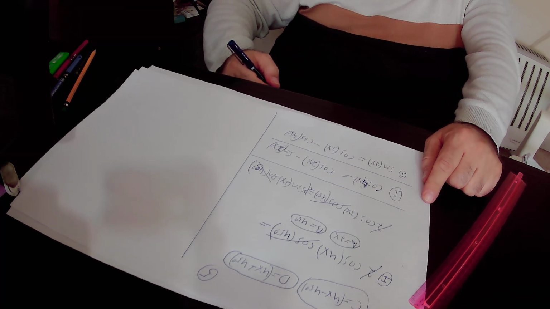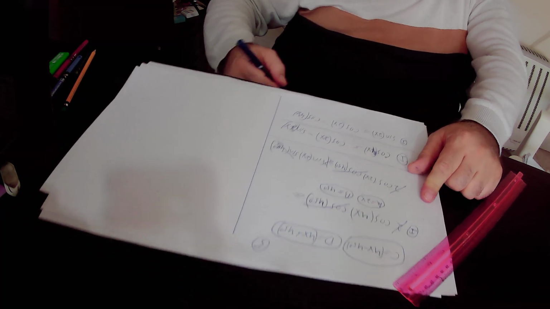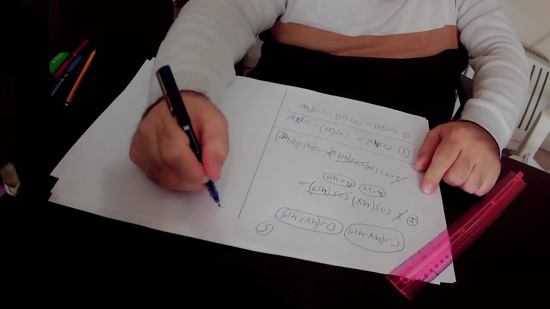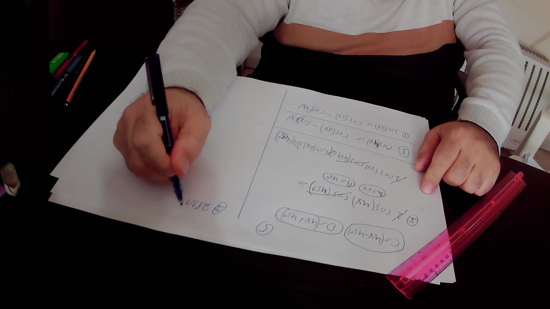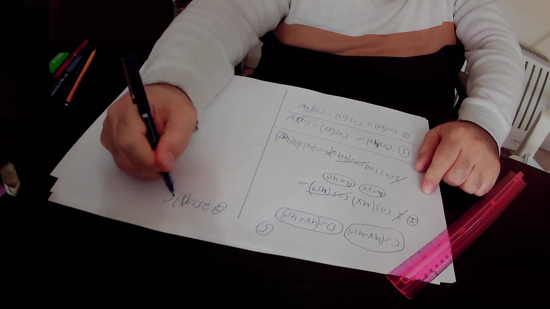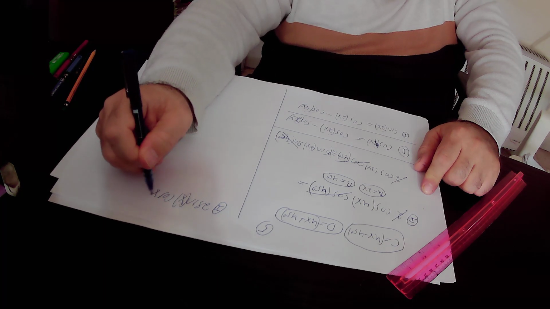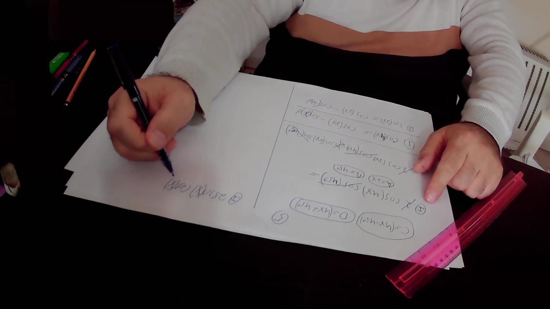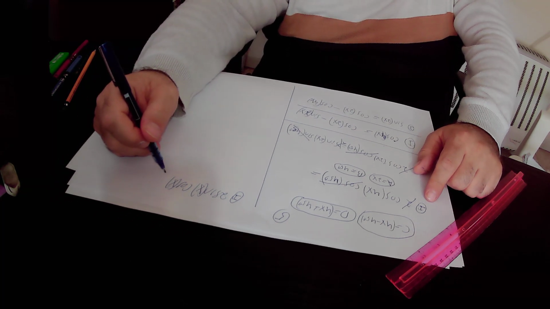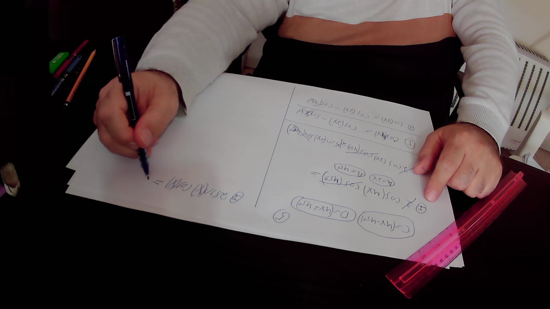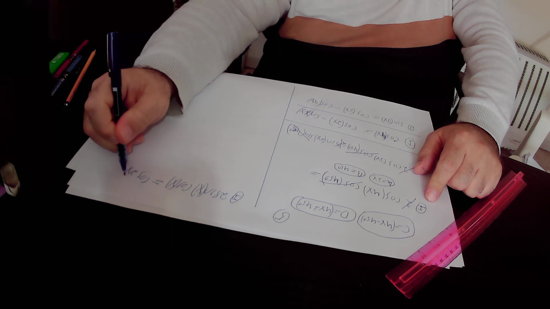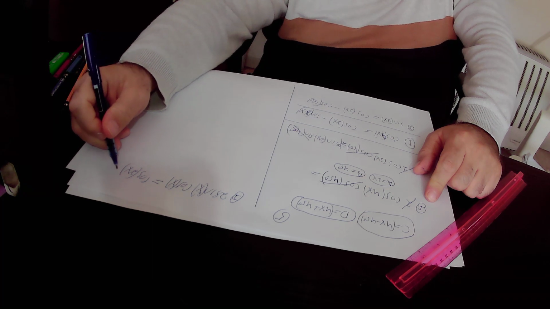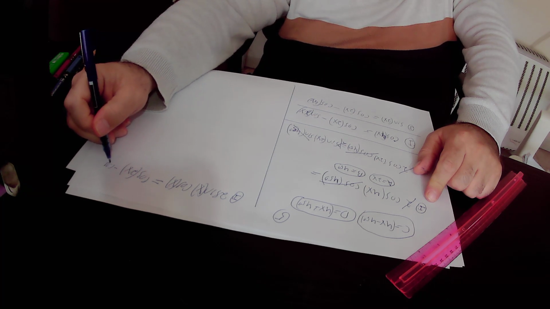And we know that sine 2x is equal to 2 sine x cosine x, so I write it down, 2 sine x cosine x, and it equals cosine 2x minus cosine 4x.